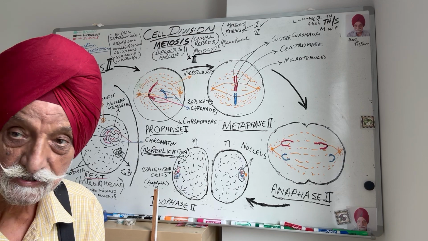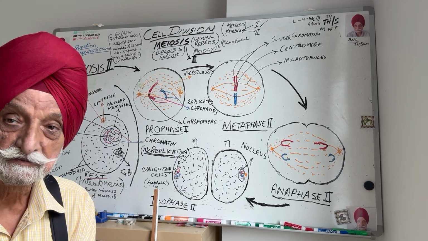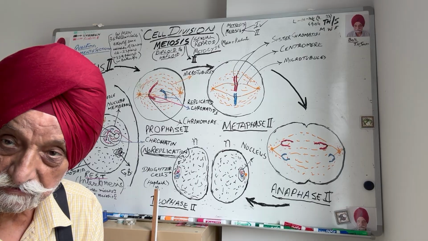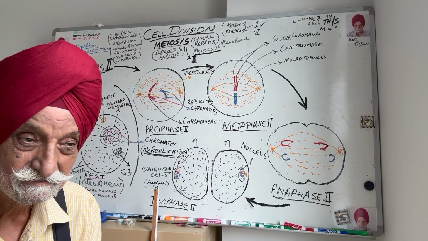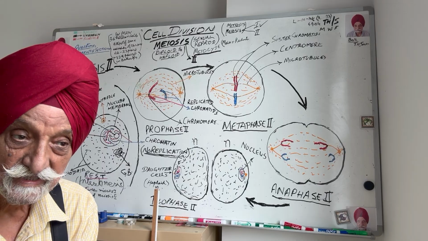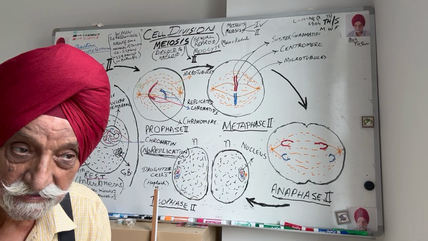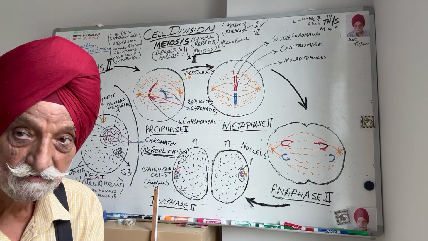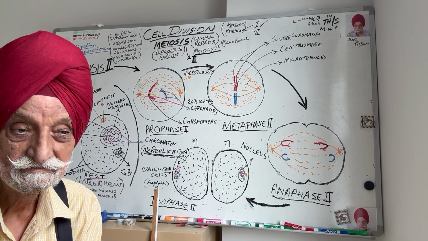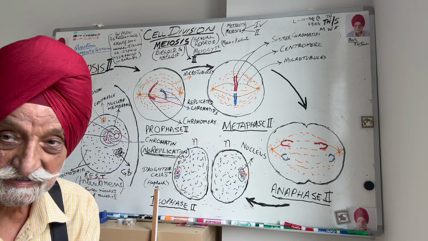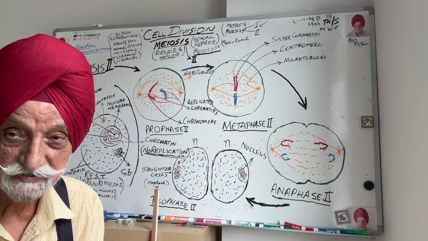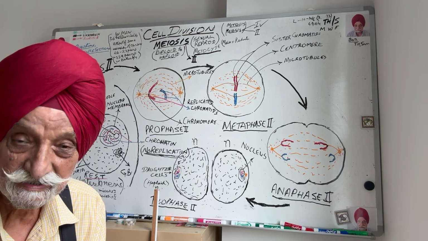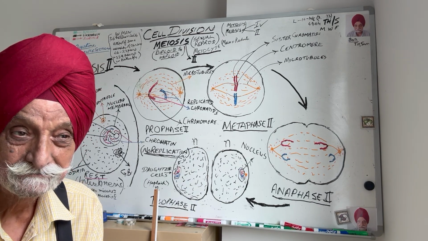Now, in meiosis 1, there is a prophase 1, metaphase 1, anaphase 1, and telophase 1. If you remember, in prophase 1, the important thing that happened was crossing over. The genetic material from sister chromatids was transferred to the other sister chromatid.